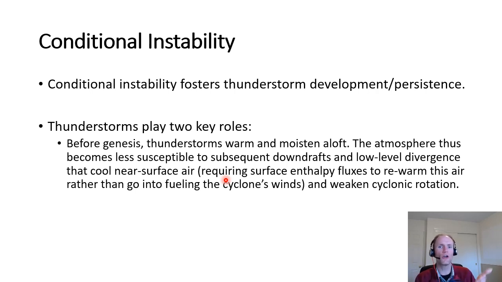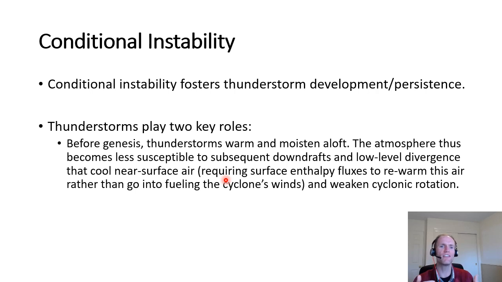We need this to occur once to get from that initial state of cold near the surface and anomalously warmer as you go up, to one where it's warmer over the entire depth of that profile. So we can't get away from the idea that thunderstorms will initially warm and moisten aloft and cool near the surface, but we only want that to occur once.